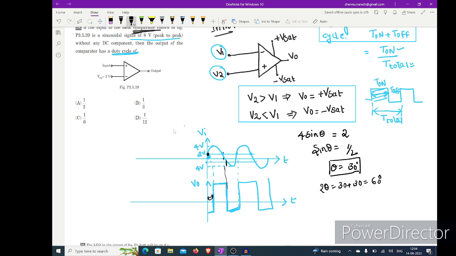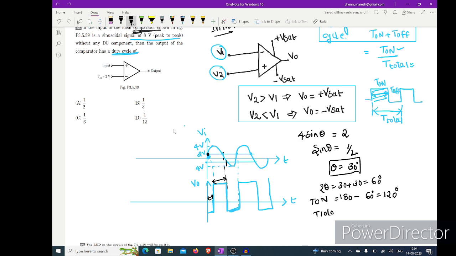I told you the on time is what you require, and the remaining time is the off time. So to calculate the on time, we take the total 180 degrees of the half cycle minus this 60 degrees. So we have 120 degrees, this is on.